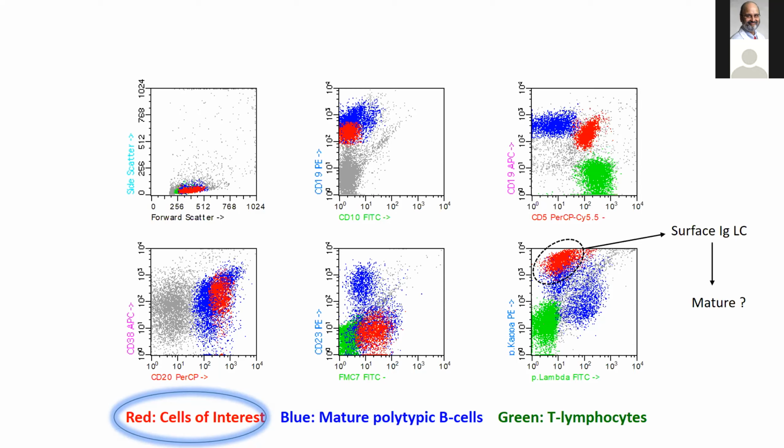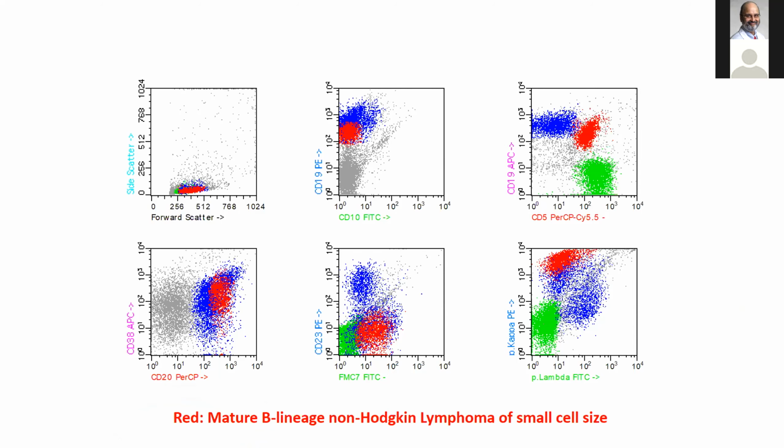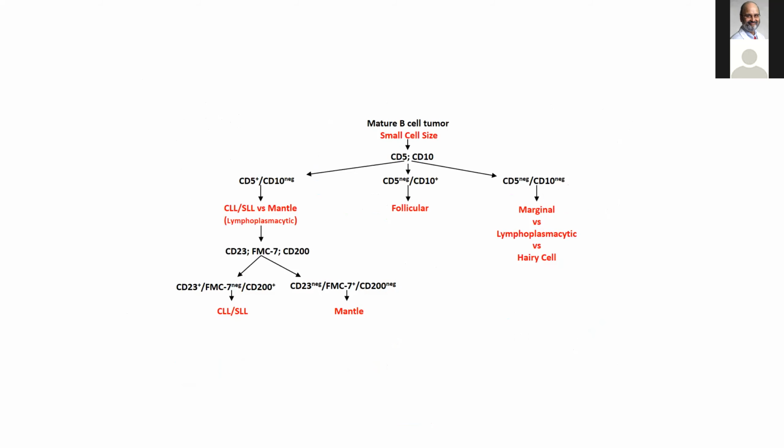So most characteristically, if you have surface immunoglobulin light chain expression on an abnormal B cell population, you're dealing with a mature B cell population. So here then, I would put that all together and I'd say, well, I think what we're dealing with is a mature B lineage non-Hodgkin lymphoma of small cell size. Okay, now once I have that, I then go back to my algorithm. And I'm going to start my algorithm with CD5 and CD10.